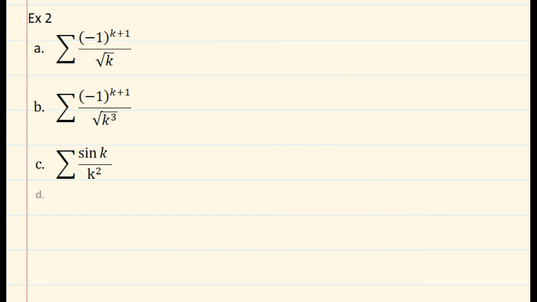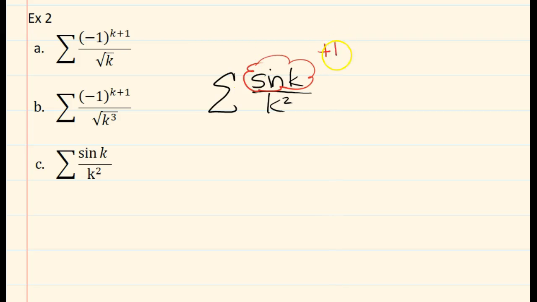And for the last example, let's take a look at our series. What we notice here is that sine of k will go between +1 and -1, so we know it's going to be in those numbers. Let's take the absolute value of that.